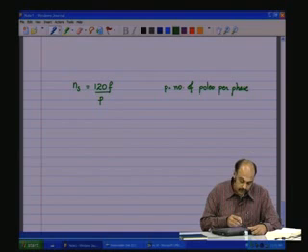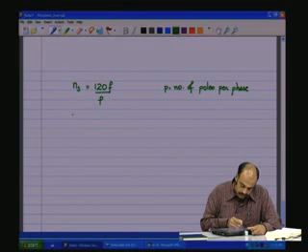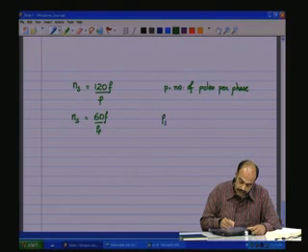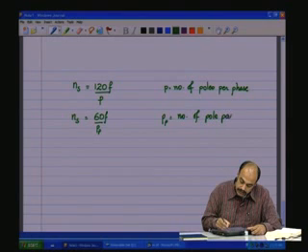So be careful about this. Now you can also have 60 F by PP, where PP is number of pole pairs per phase.